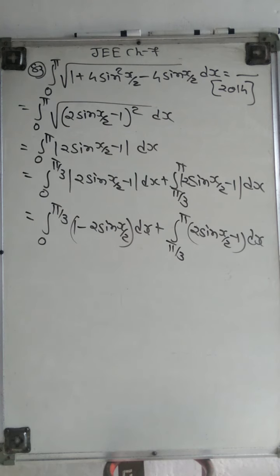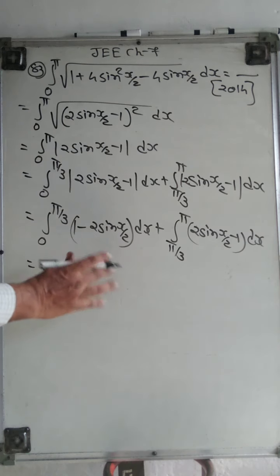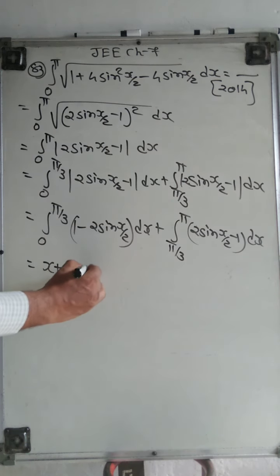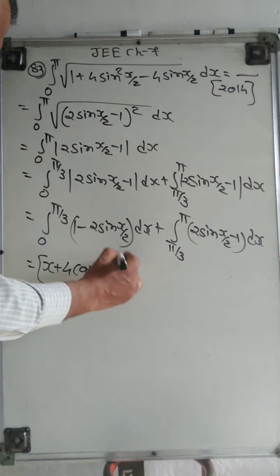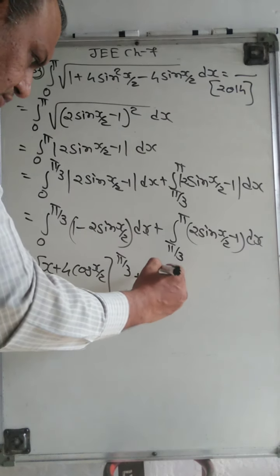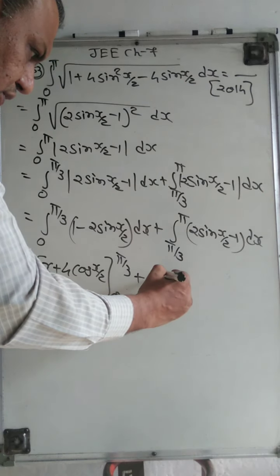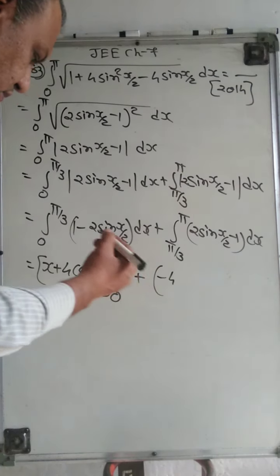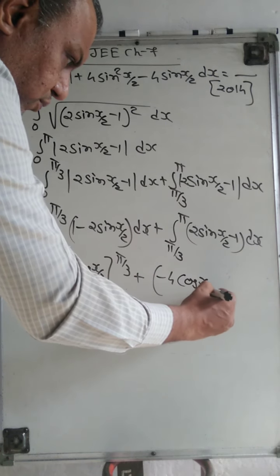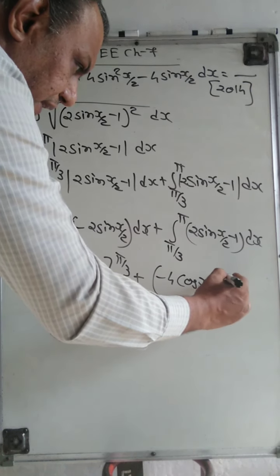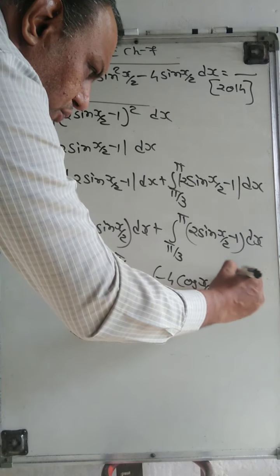Okay, so we just put the integral: x minus x plus 2 cos, meaning 4 cos x by 2, from 0 to pi by 3, plus the same way here we have minus 4 cos x by 2 minus x, from pi by 3 to pi.